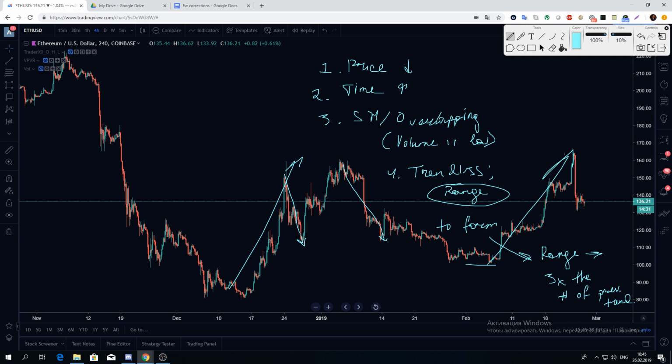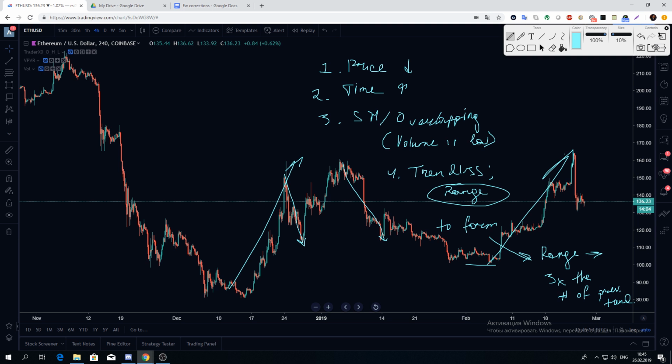Corrections, when they start, they will form a range. The range that will take at least 3 times the time that has taken the previous trend to develop. Right? Now let's get towards the chart, and we will be using ETH as an example.